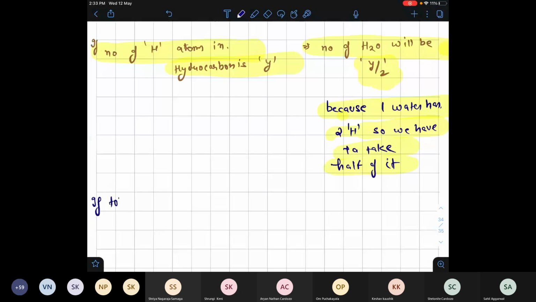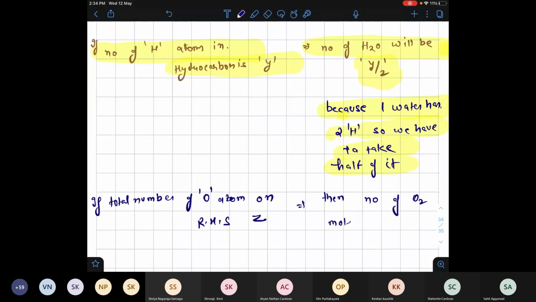If total number of oxygen atoms on right hand side is Z, then number of O2 molecules on left hand side will be Z by 2.